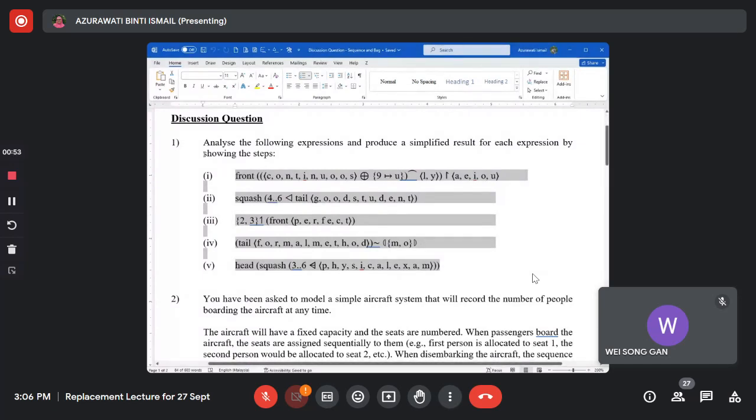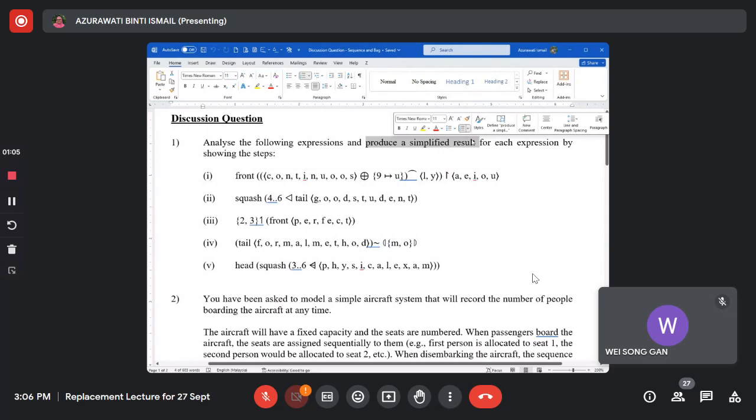Okay, so if you refer to the question here, you can see that you have to analyze the expression here. That is actually what you have to do, looking at the expression, and then you have to produce the result. But before you can produce the result, you have to make sure that you show the steps. So you have to produce the result and also show the steps.